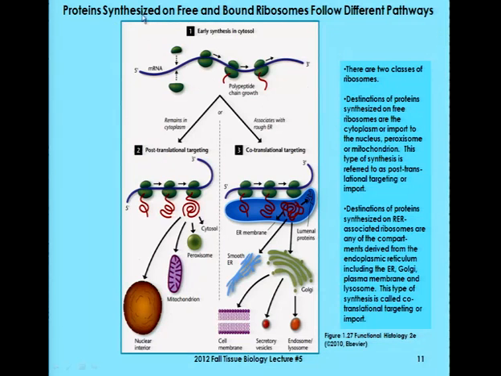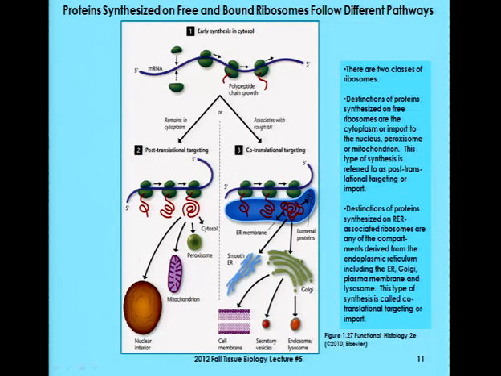Now, proteins are synthesized on free and bound ribosomes, and they follow different pathways. Initially, all proteins are synthesized in the cytoplasm. So at the beginning, early synthesis always begins in the cytosol. But then, sometimes ribosomes remain in the cytoplasm, or they may associate with the rough ER.